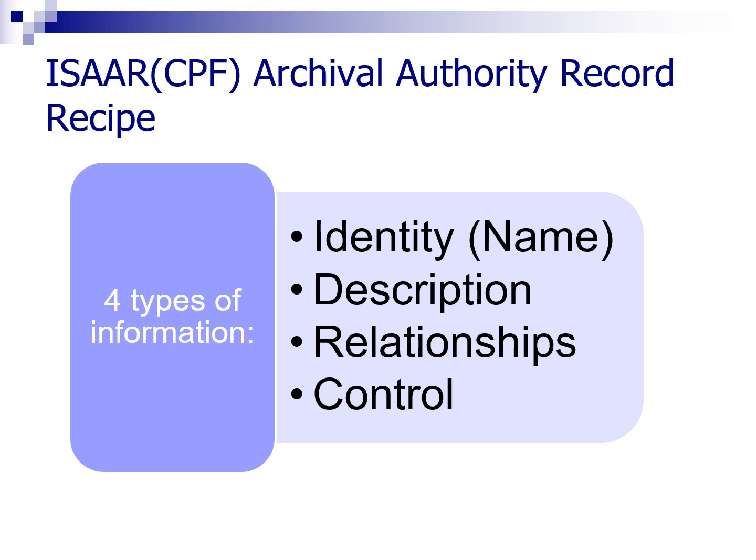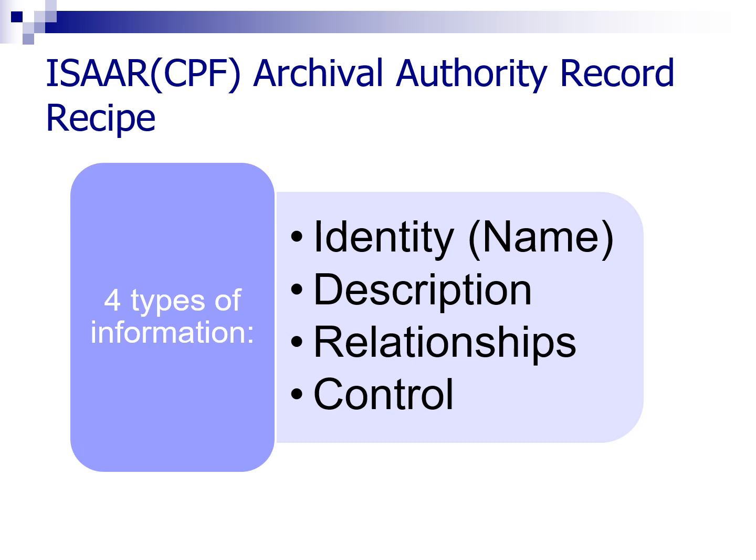What is required in an archival authority record? Remember ISAR-CPF from earlier? It says that an archival authority record must have 4 types of information: identity, or a name, description, relationships, and control.